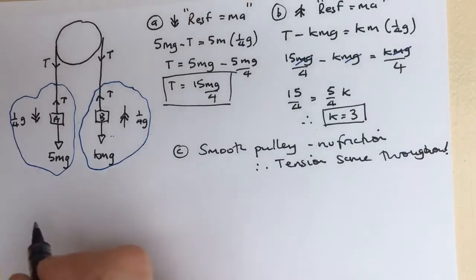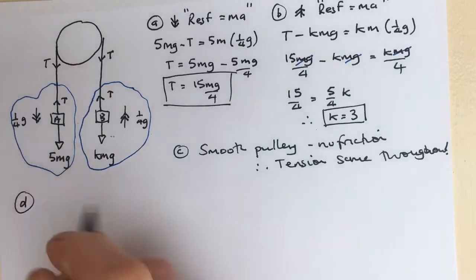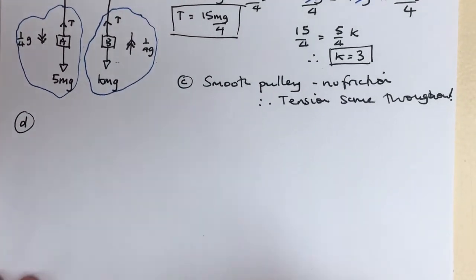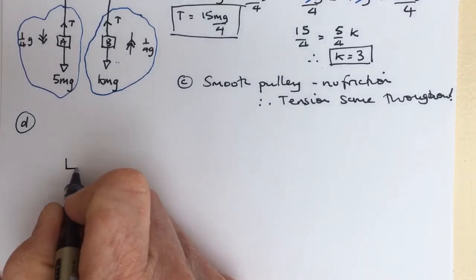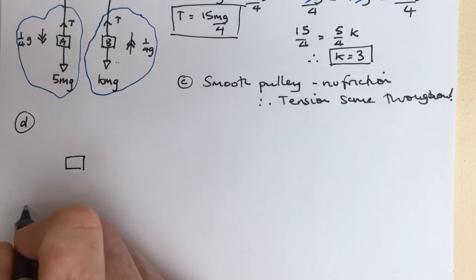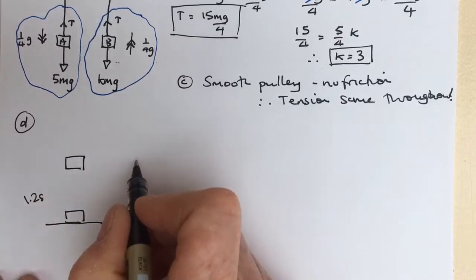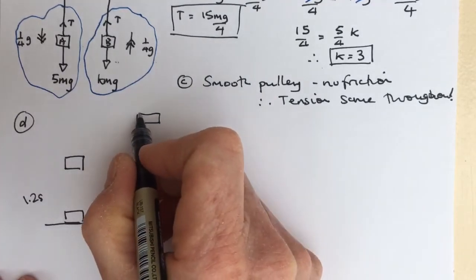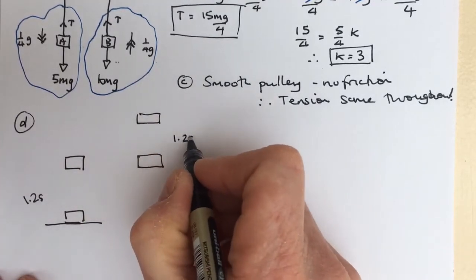Part D is where it gets a little bit more tricky, and these are always the bits in the question where you need to be a bit more careful and think about what's going on. So A moves down for 1.2 seconds. Obviously B moves up for 1.2 seconds.